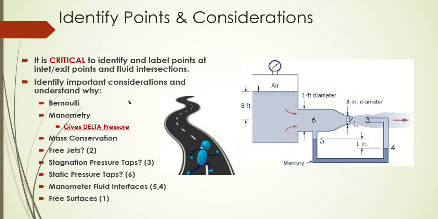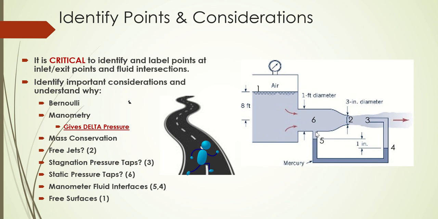And what's critically important is to understand the definition of a stagnation pressure tap at point 3, where the energy contained in my velocity field is being converted to pressure. At that point, my velocity is zero, and that's an important observation that will help guide you towards a roadmap to solve the problem.